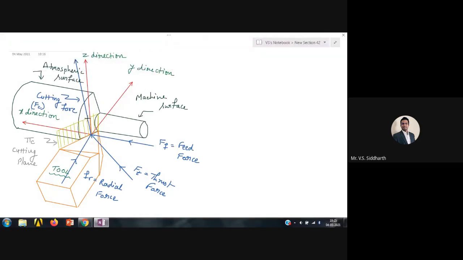And a plane perpendicular to the cutting plane. If I want to draw a plane which is perpendicular to this cutting plane, which plane is that?